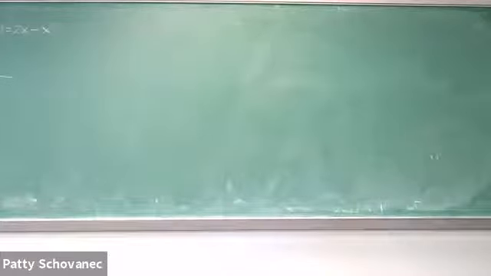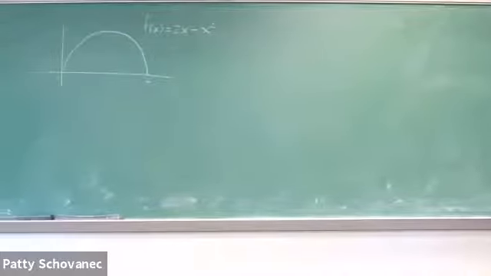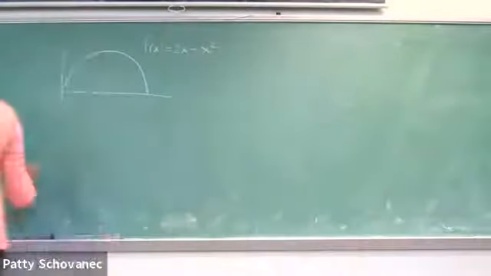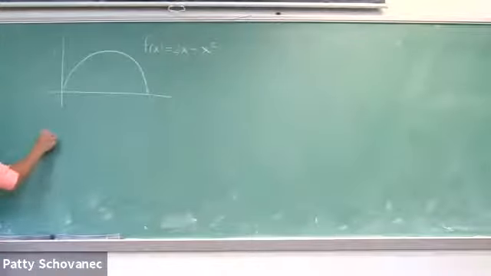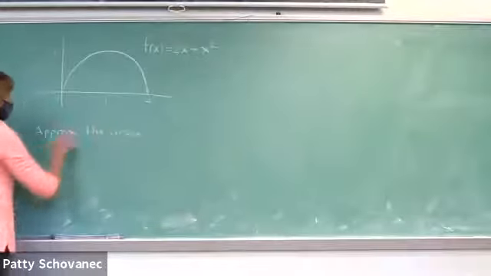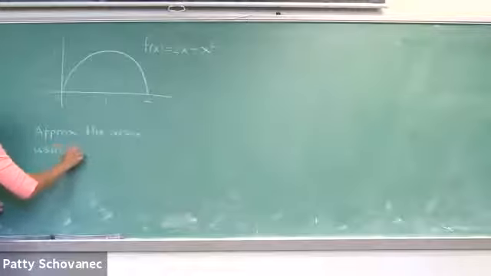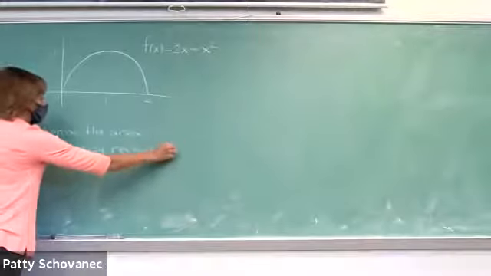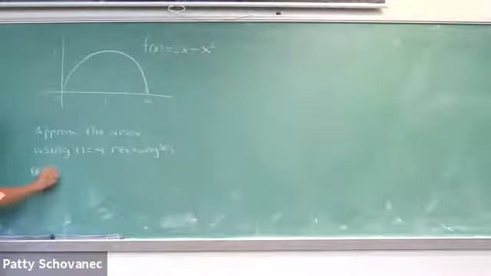All right, there's the graph of f of x equals 2x minus x squared on the interval from 0 to 2. What I want you to do is approximate the area using n equals 4 rectangles and left endpoints.